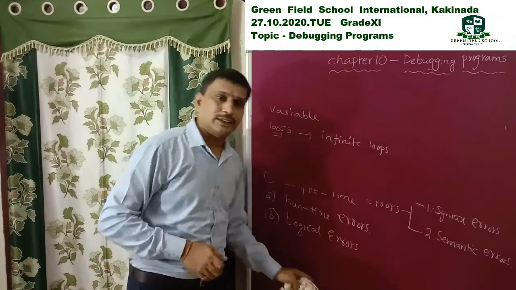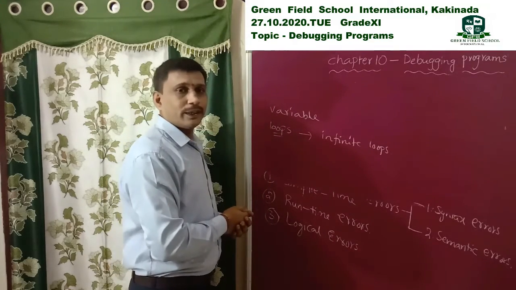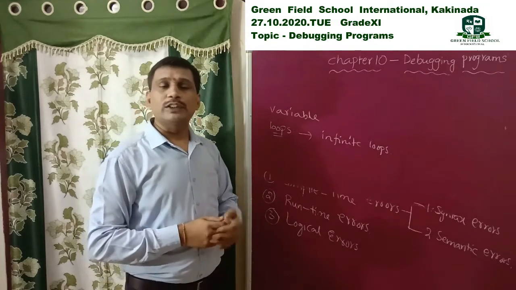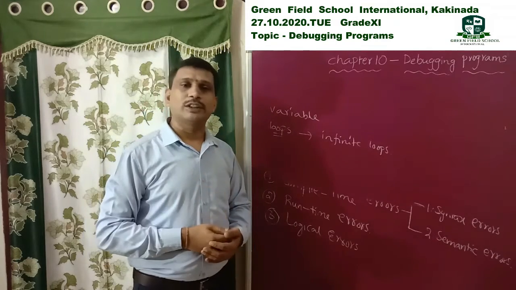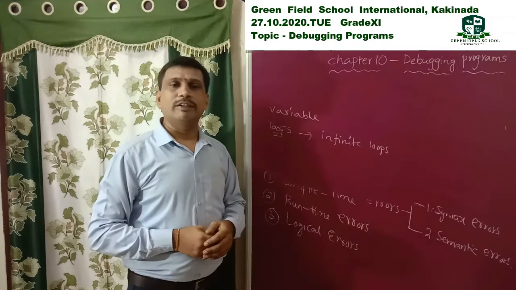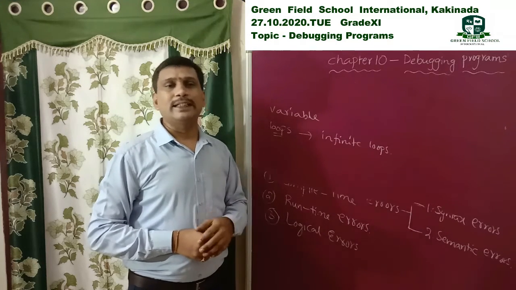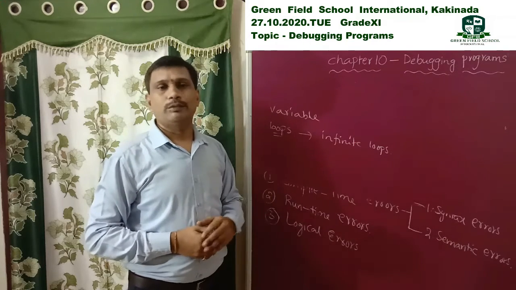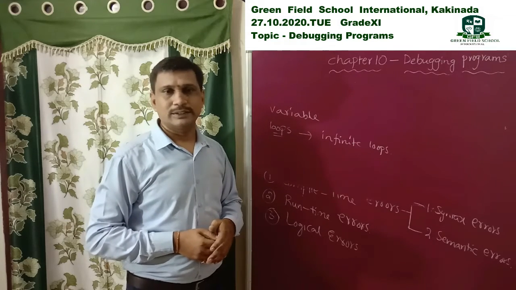That's why these are called runtime errors. Coming to the next one, which is also important. For a variable, first we define the variable's data type. Suppose I declare one variable x as an integer data type, but we supply a different data type for that variable. Those errors are called runtime errors.